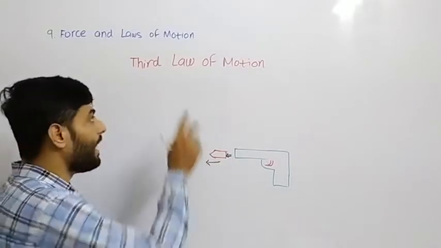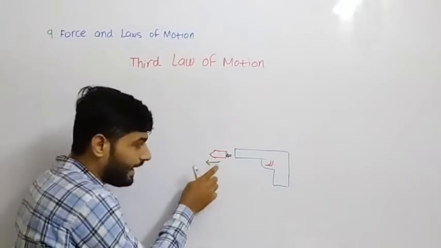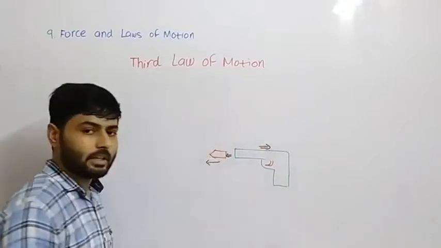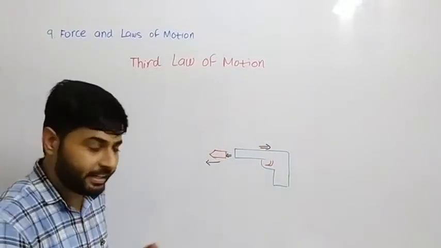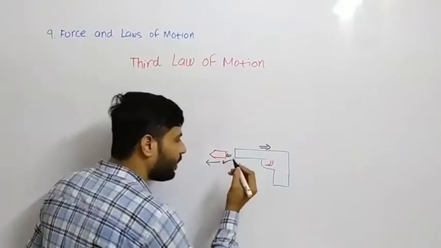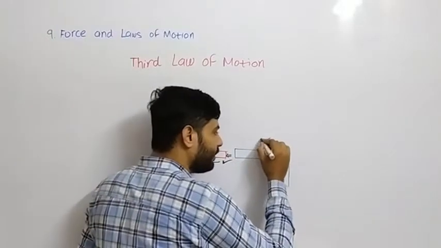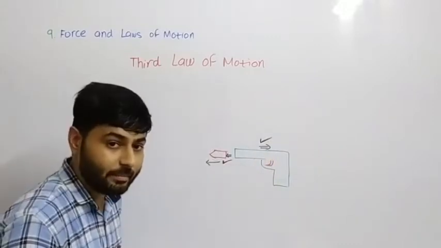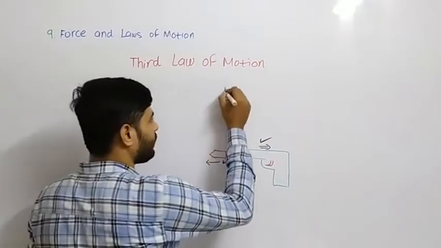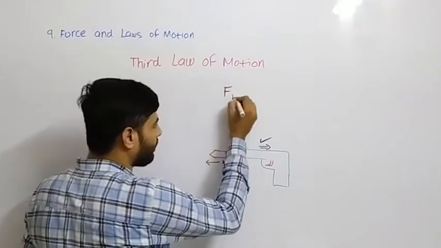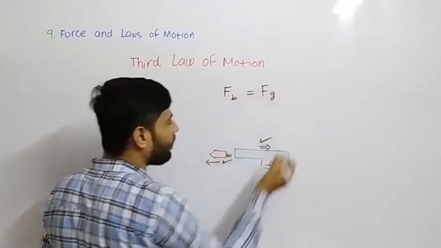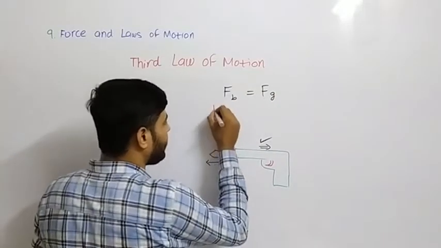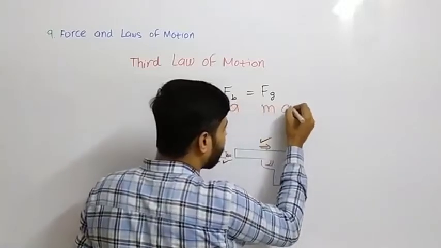At that time, by the third law, this bullet exerts a force on this gun, and the magnitude of the force on the bullet and the magnitude of the force on the gun are the same. So here I say F on bullet is equal to F on gun, which means F is equal to ma.